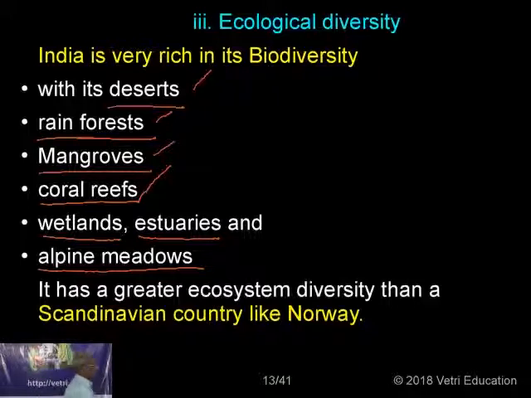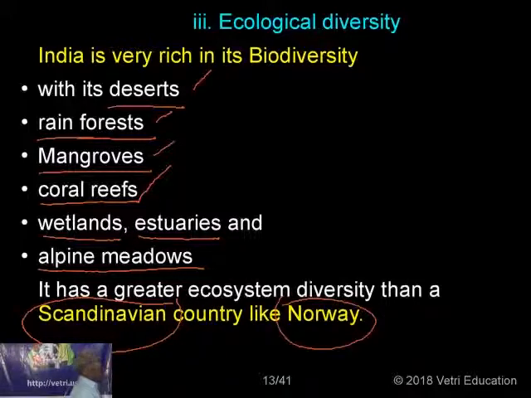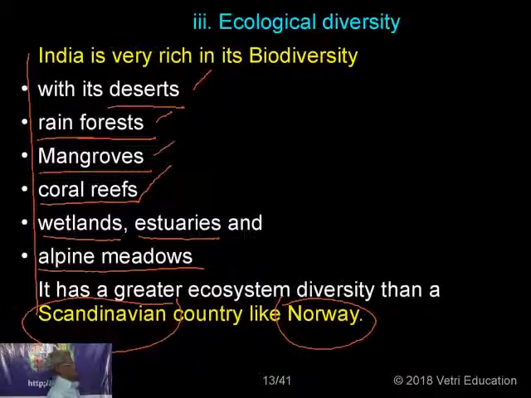So in Scandinavia and Norway, what type of diversity do you have? Our country, India, has a richer biodiversity in relation to deserts, forests, mangroves, coral reefs, estuaries, wetlands, and meadows. In all these aspects, our India has more diversity than almost any other country of the world.